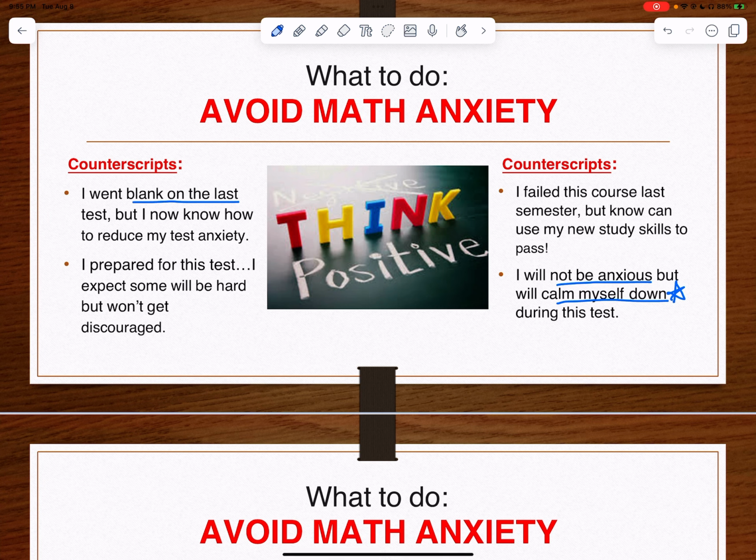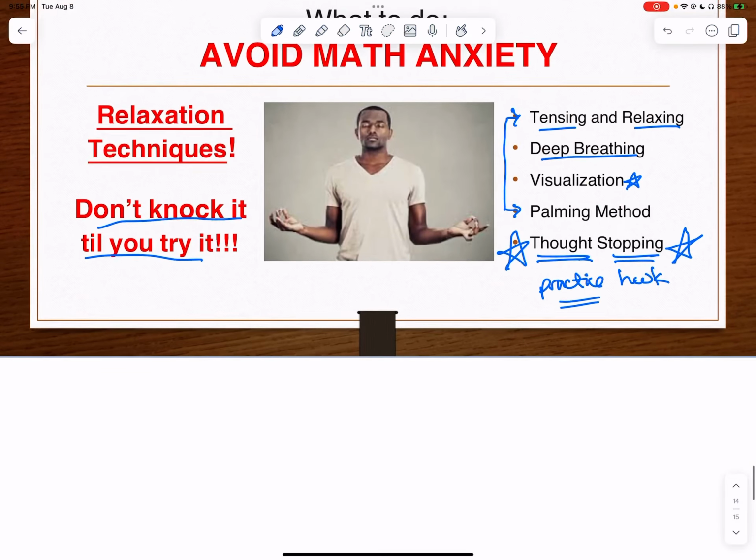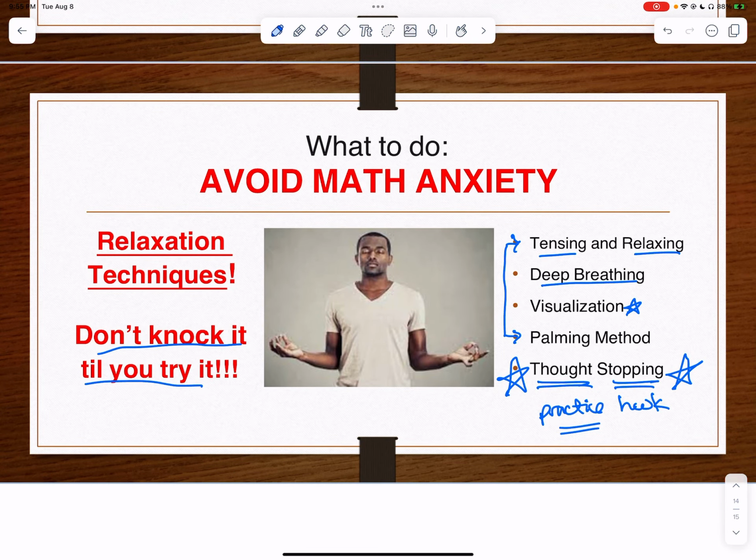When you are doing your homework and you start getting really anxious and you start telling yourself, I failed this course last semester, you have to stop yourself from thinking that. The weird part is where you smack the table. You're thinking, oh, I'm not going to be able to pass this class, and you say, stop it.